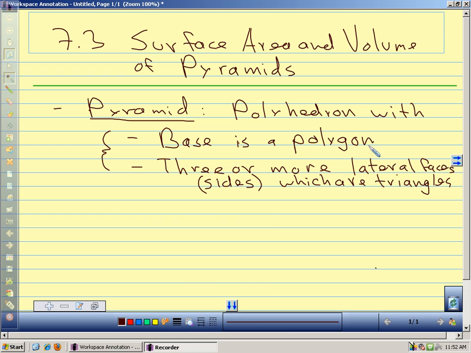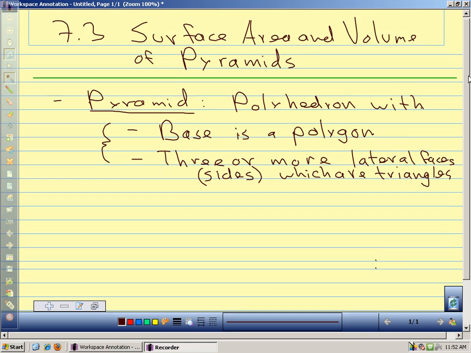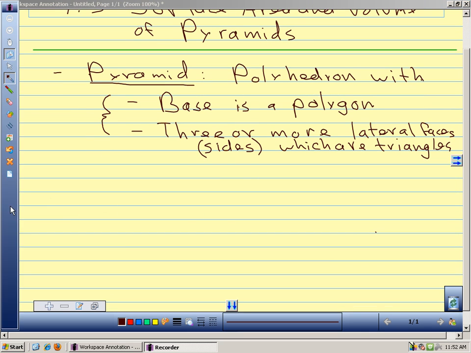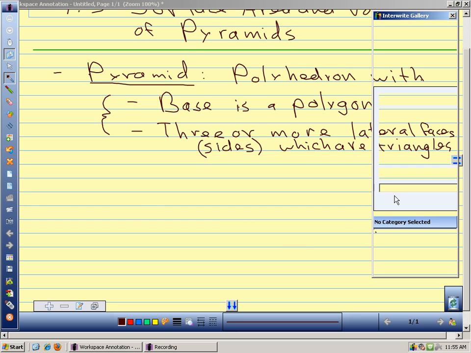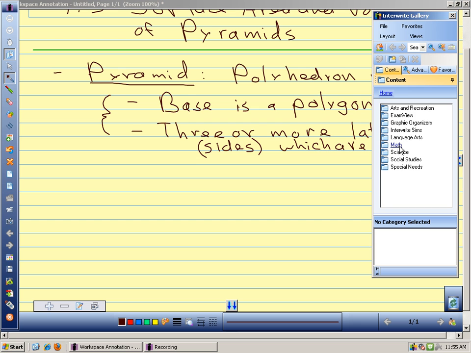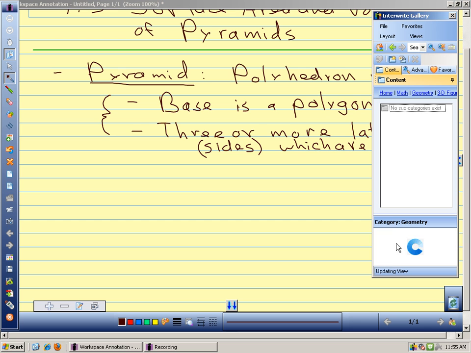So let's draw a picture of a pyramid here and label some parts. We'll start off with a triangular pyramid.